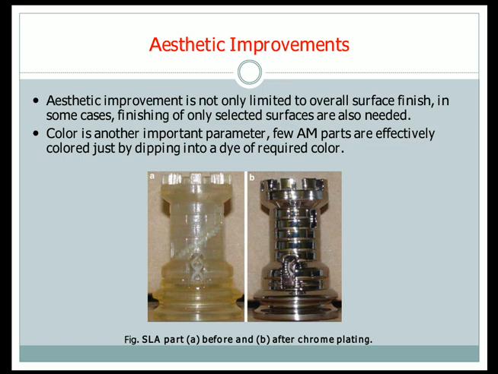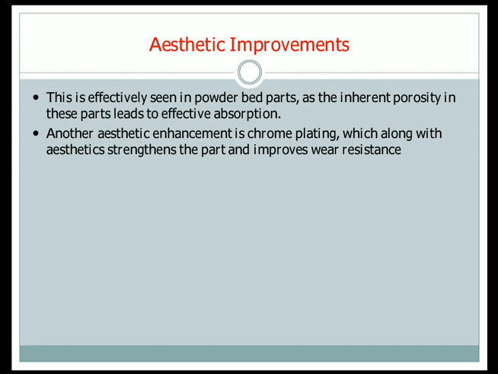Here the figure shows a part manufactured by the SLA process. Figure A shows the part before coating, and figure B shows the part after chrome plating. It has a chrome finish, which we can easily see in figure B. This is effectively seen in powder bed parts, as the inherent porosity in these parts leads to effective absorption. So the inherent pores will directly absorb the paint or coating.